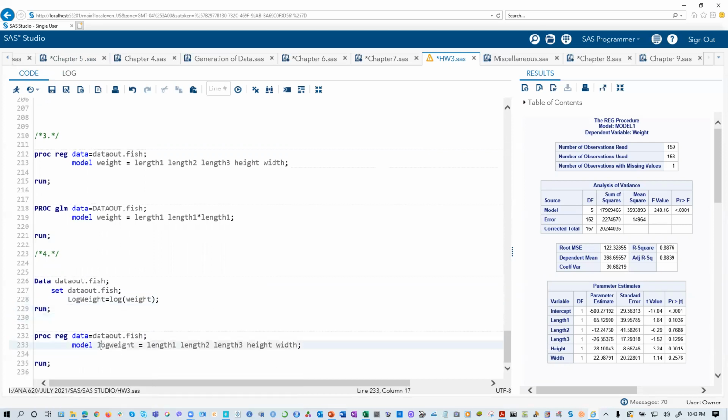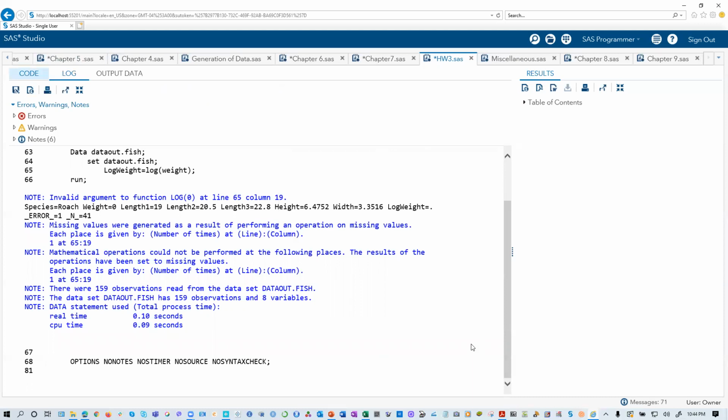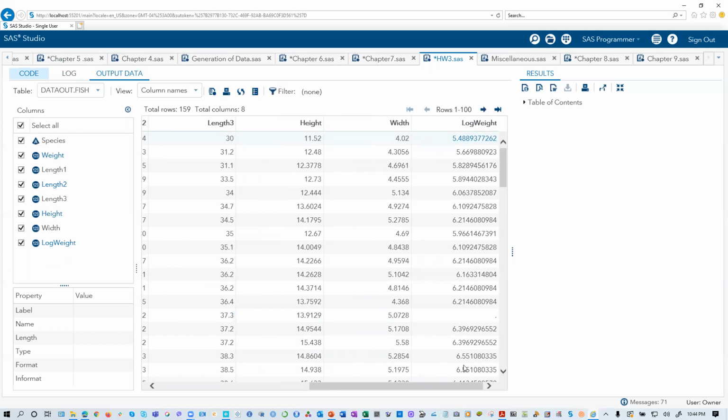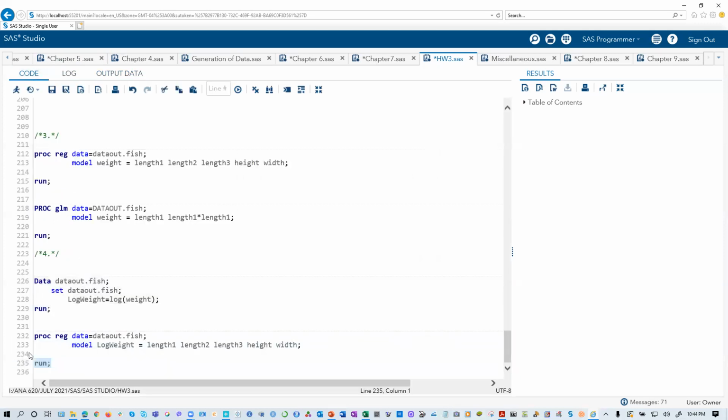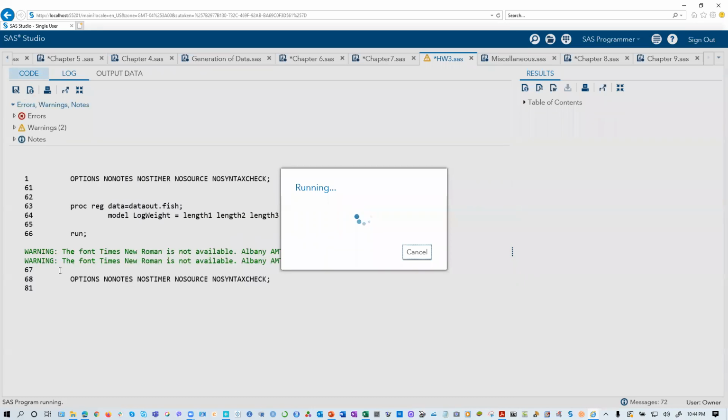Call that one log G. You have the same thing now. This one, weights, the new one, will be utilized in order to explain this regression. Reg or GLM doesn't matter.